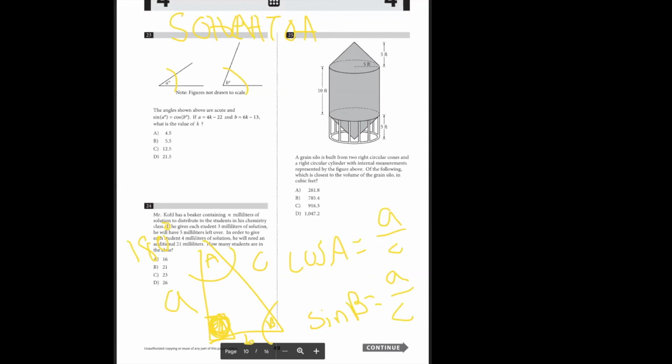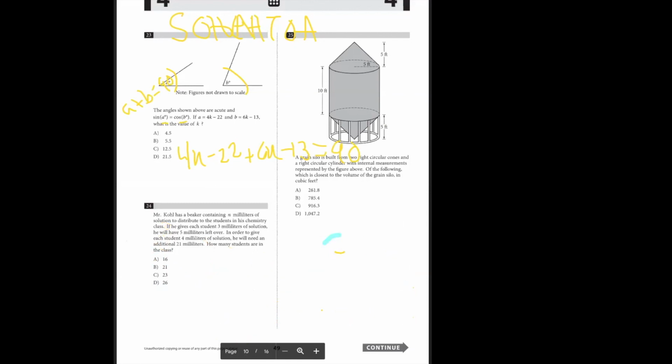So we know that the value of A is 4K minus 22, and the other one is 6K minus 13. Well, we know that A and B together have to be 90. So what we can do is just add these two together, the expressions it gave us, and make them equal to 90. And then from there we can solve and get what K is equal to. Let me just erase that. When you do that, all you have to do is combine like terms. This ends up being 10K.